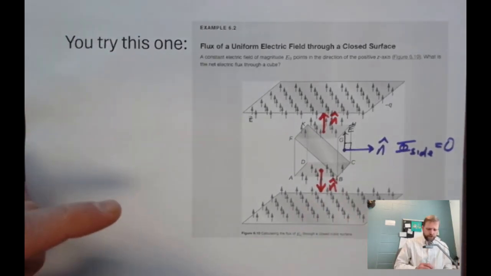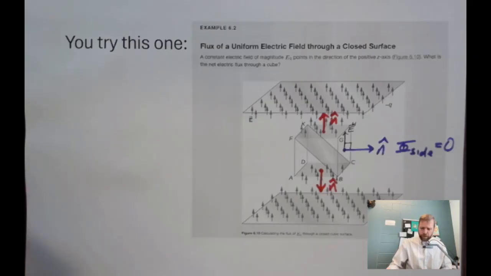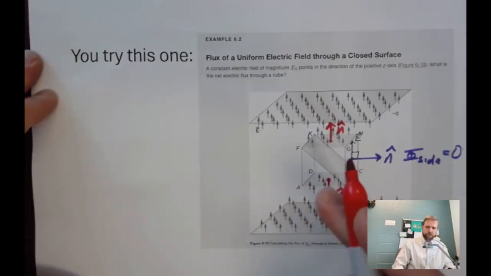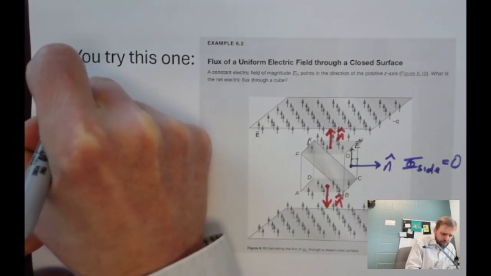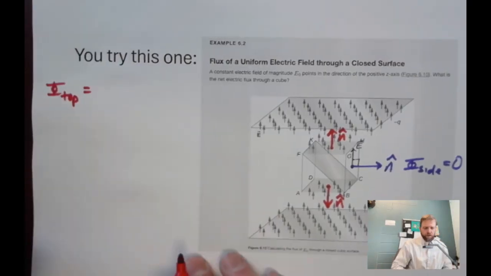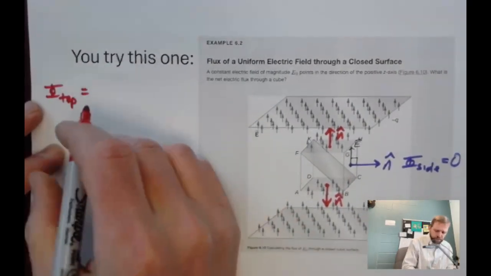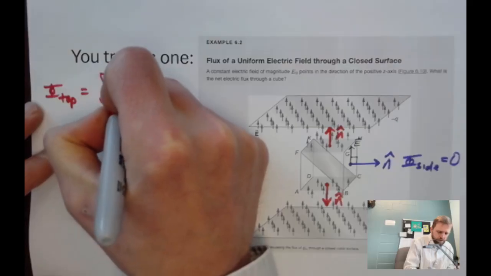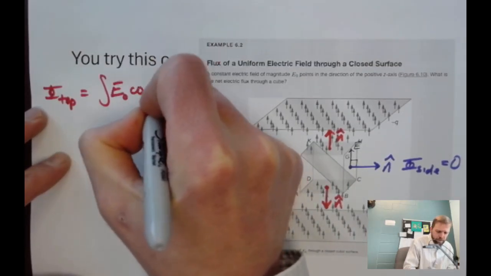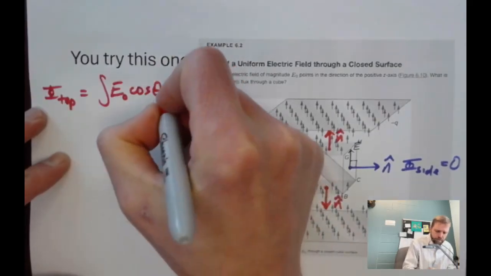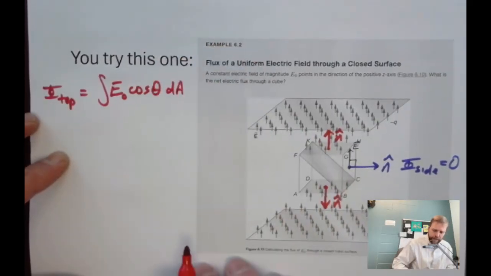Okay, so then let's go ahead and calculate the flux for the top surface. So on the top, I'm going to have the integral of E0 cosine theta dA.